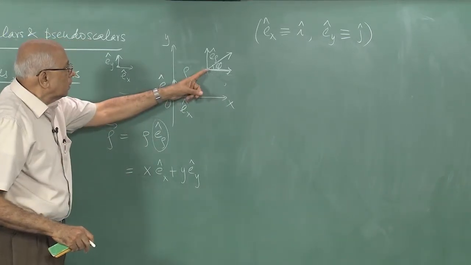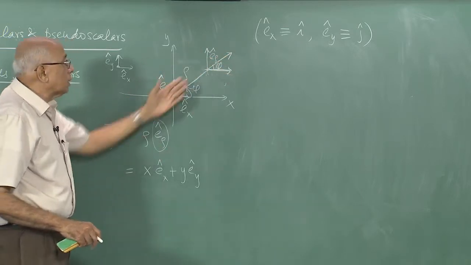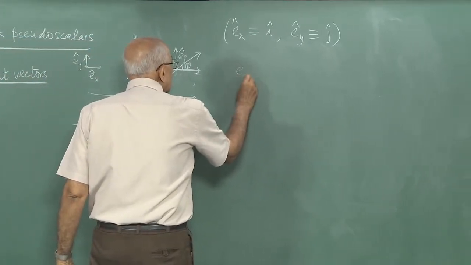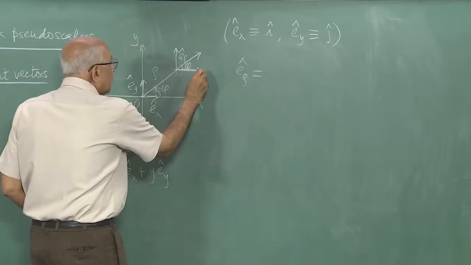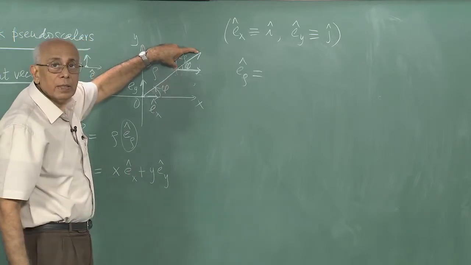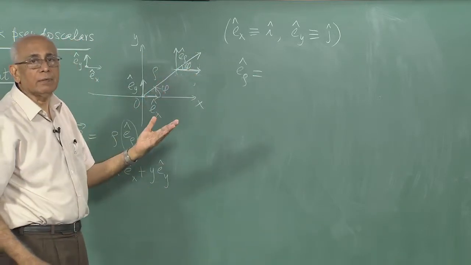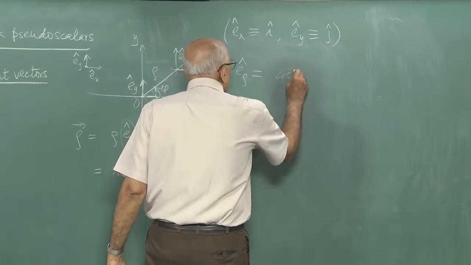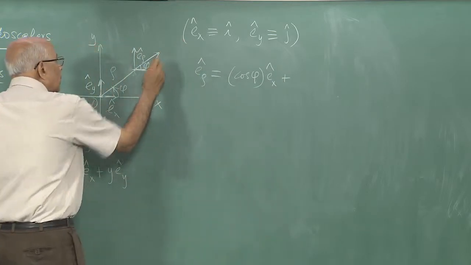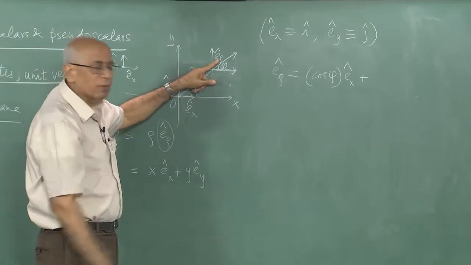Okay. So you have E rho pointing radially outwards, and this is Ex and that is Ey, and the question is, how do I write E rho in terms of Ex and Ey? It is obvious from this figure that E rho is composed of a vector along this direction and a vector along that direction. The magnitude of E sub rho is unity, and this angle is phi. Therefore, the x component is just cos phi, so this is cos phi times Ex plus, and the vertical component is sin phi, because this distance divided by 1 is equal to sin phi.